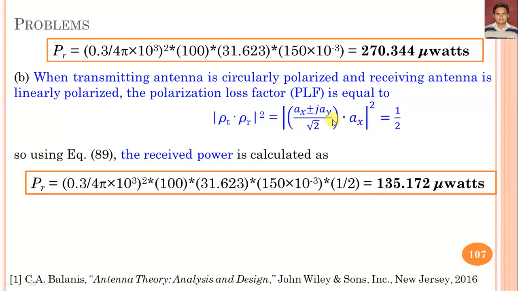If it is right handed, we consider the positive, and if it is left handed, in this case we consider the negative. So we can calculate, and this is the dot product.